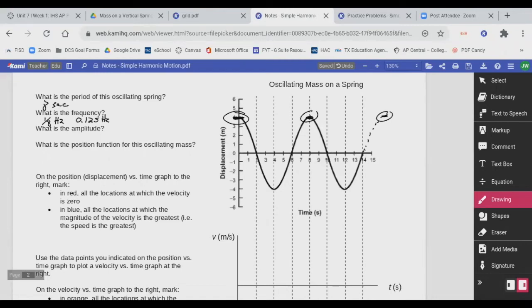Okay, let's see. What is the amplitude? All right, so in the chat or out loud, tell me what the amplitude is. 4, absolutely right. So that's how far we are from equilibrium, 4. And that'd be 4 meters. What is the position function for this oscillating mass?